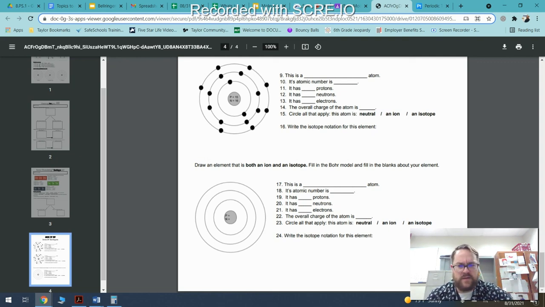Pick something easy like that. And make me a positively or negatively charged atom. That makes it an ion. And then give it a different number of neutrons, which makes it an isotope. You can pick any element you want. I would pick one in the first 16, just to make it easier on yourself.